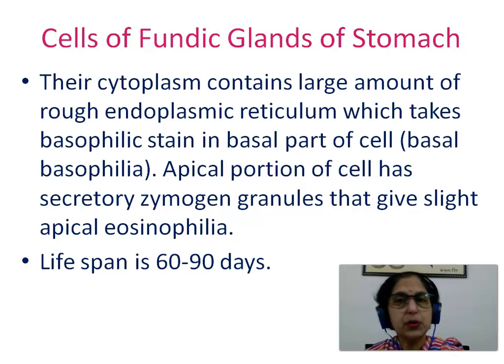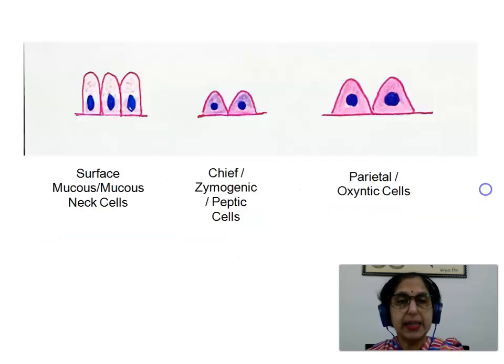The apical portion has secretory zymogen granules that give slight apical eosinophilia. The lifespan of these cells is 60 to 90 days. Here we see the chief cells, or the zymogenic or peptic cells, with a spherical nucleus in the center.